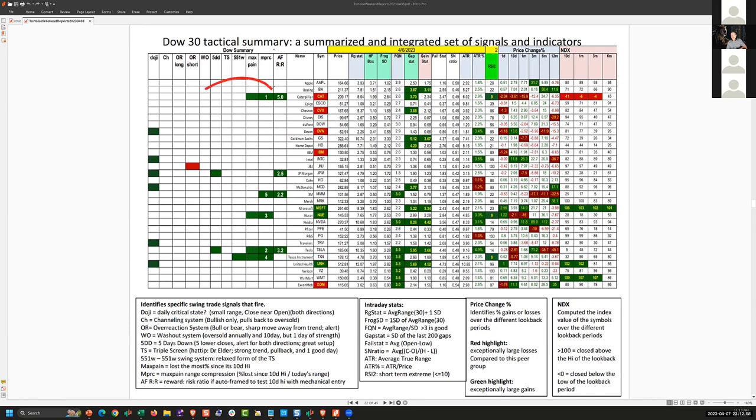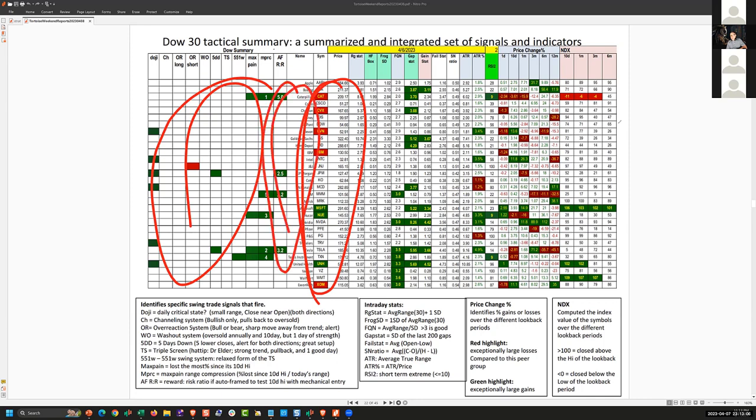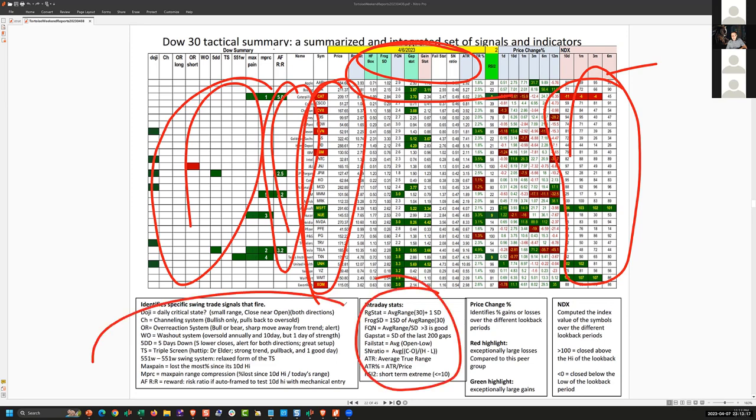You have mechanical swings, you have swing strategies, you have one-day winners and losers, you have auto framers, you have exceptional performers based on location, you have intraday framing statistics with a key and an index down here of how all these things are calculated and how we use them as a cheat sheet.